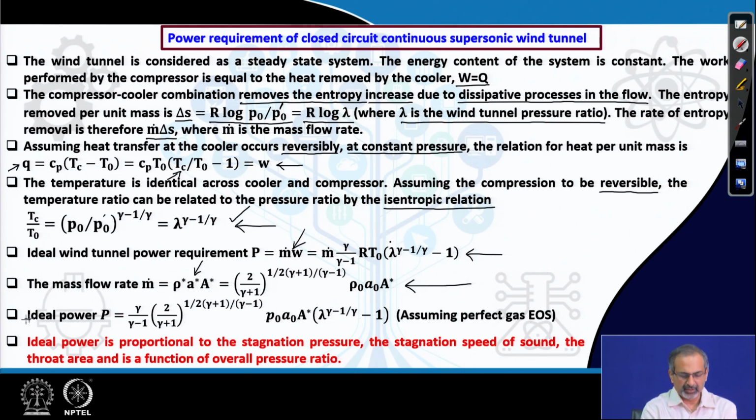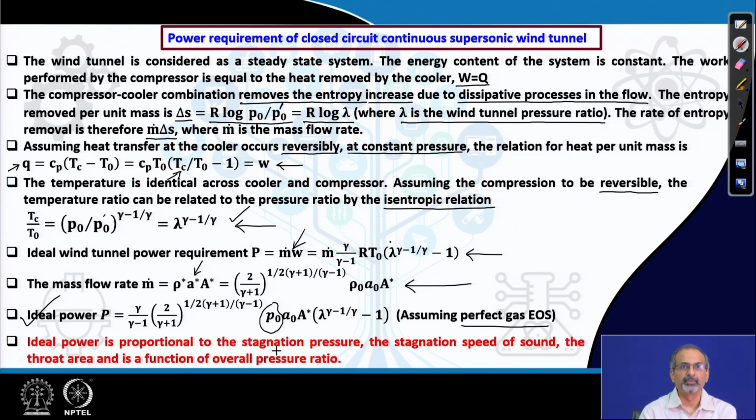Finally, we come up with an expression for ideal power, where we further use the perfect gas equation of state to bring in P naught. This is the final equation where we consider that all the processes involved are taking place ideally. This is essentially the minimum power required to run it under ideal conditions. In a real tunnel, the power requirements will obviously be greater than this.